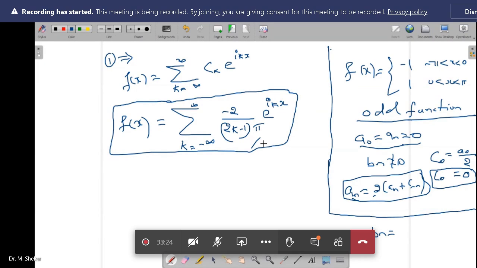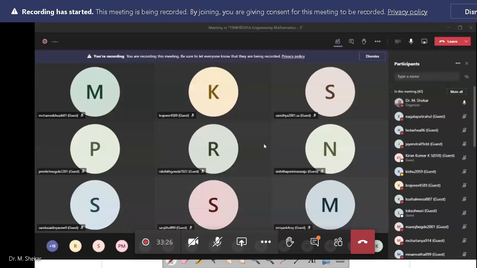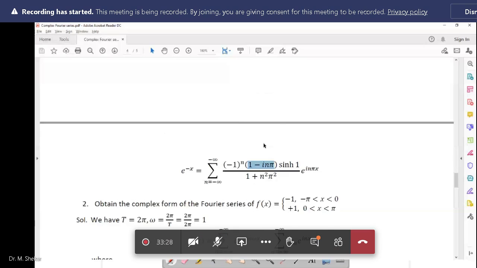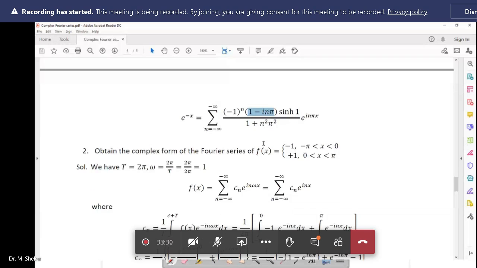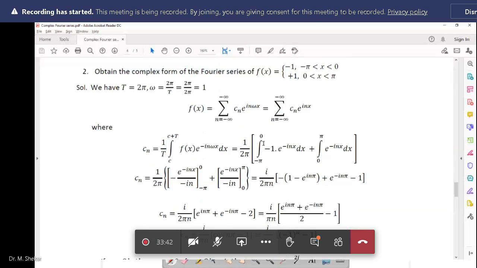So now we take one more example. One thing you remember: once you obtain Cn, you have to cross check whether there is any n value for which the Cn value becomes indeterminate or infinite. That you have to notice.